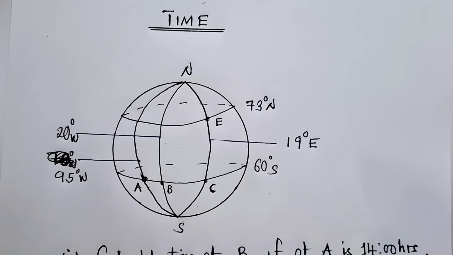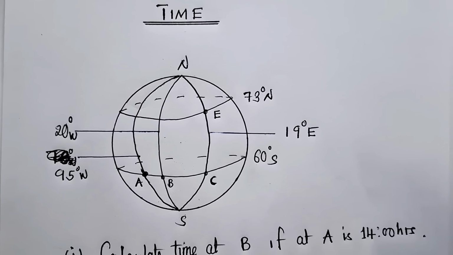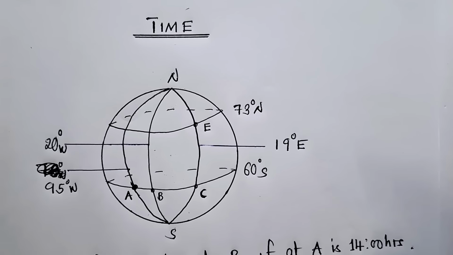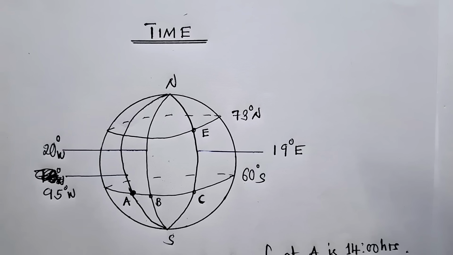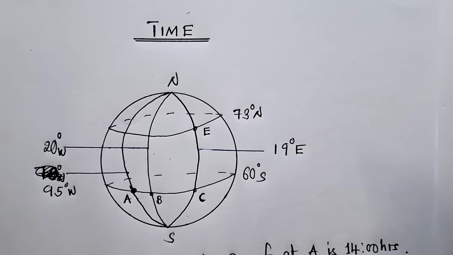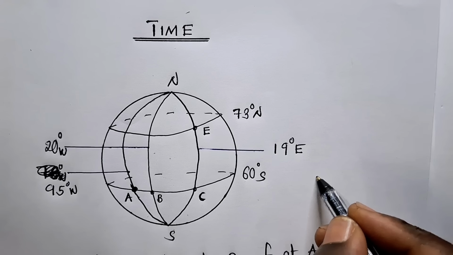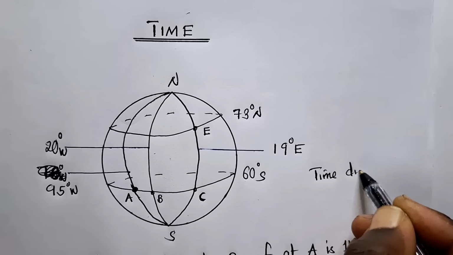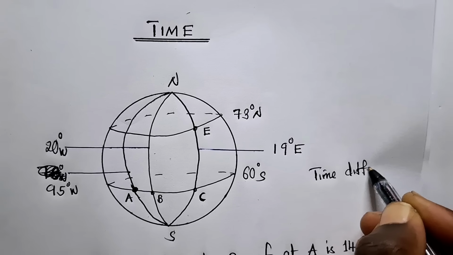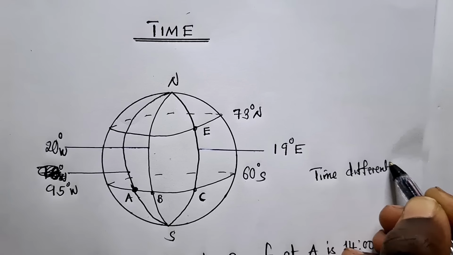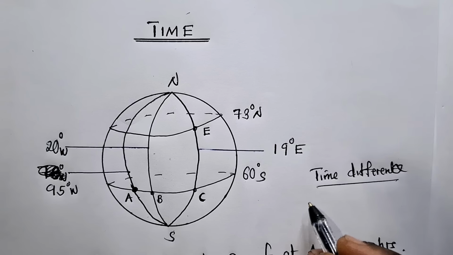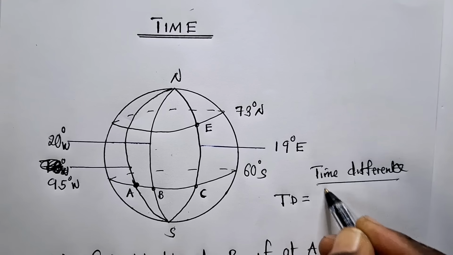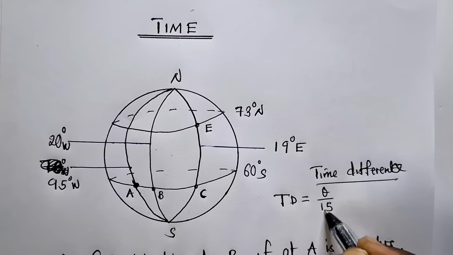So here we are finding time. Okay, we're dealing with time. When it comes to time under this topic, you need to know the formula for time difference. Time difference you calculate like this: time difference is equal to theta over 15.